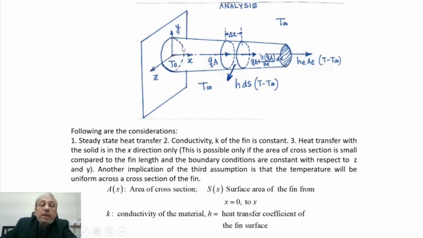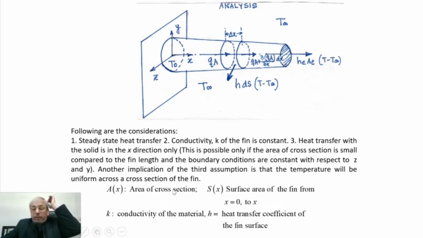This is not rectangular geometry, so appreciating that is difficult. So, as I said, around the periphery, at a given x, the boundary conditions are constant. Another implication of the third assumption is that the temperature will be uniform across a cross section of the fin.